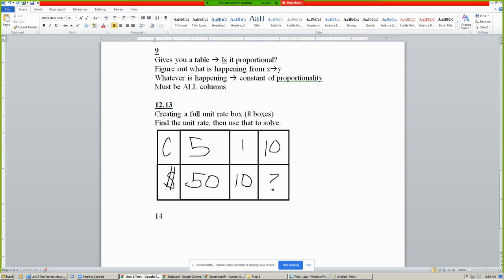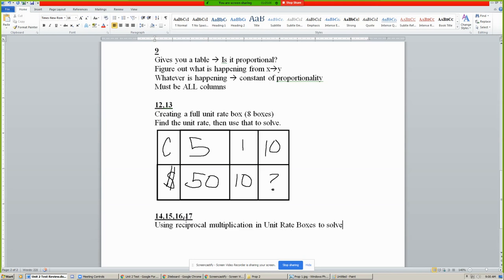All right, let's see. 14, 15, 16, 17. Okay, for 14, 15, 16, 17, you are using reciprocal multiplication in unit rate boxes to solve.